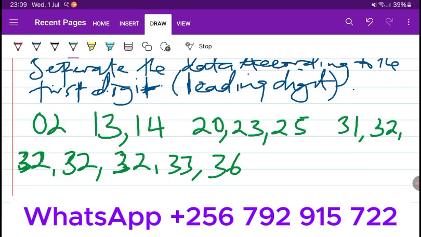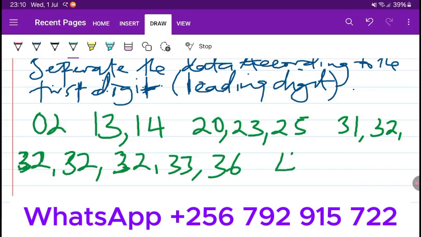So we go now to the other class that will have a leading digit as a 4, because we have moved from 0, 1, 2, 3, 4 in an ascending order. That's why I was telling you the ascending order is very important. So we leave a space. We write now those that are starting from 4.